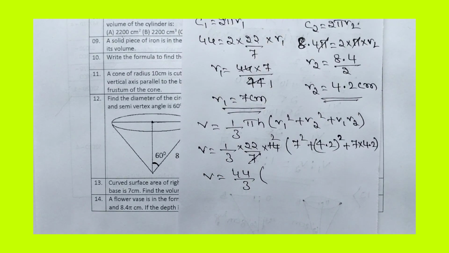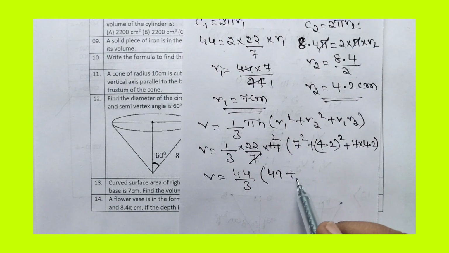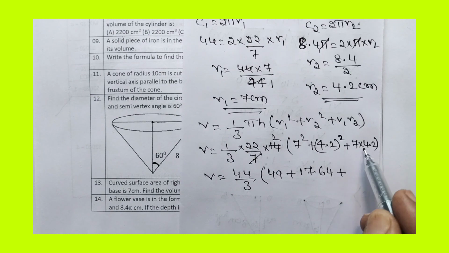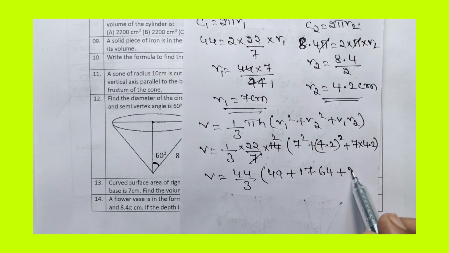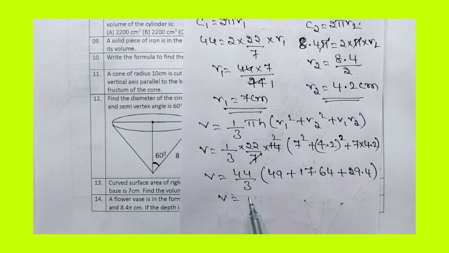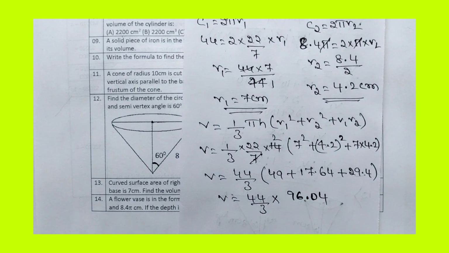What is 7 square? 7 square is 49 plus 4.2 into 4.2 is 17.64 plus if you multiply these two we will get 29.4. So volume is equal to 44 by 3 into, if you add everything we will get 96.04.